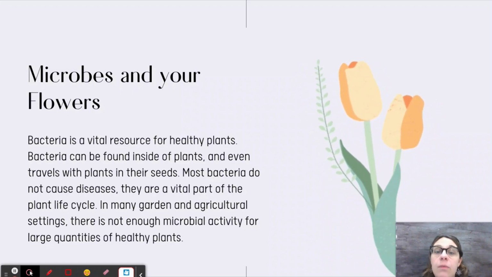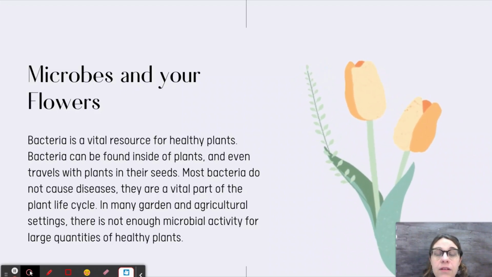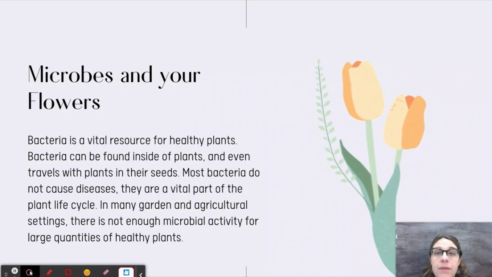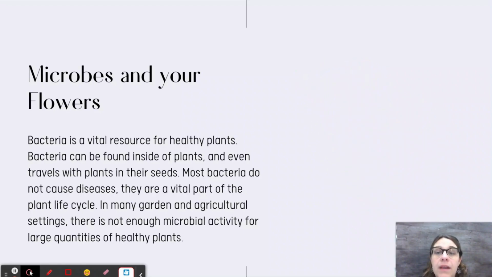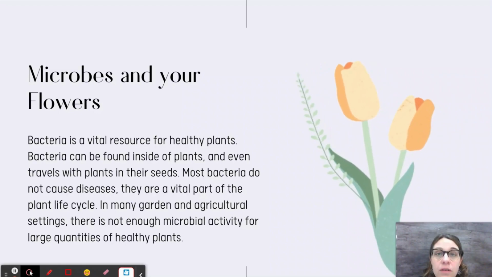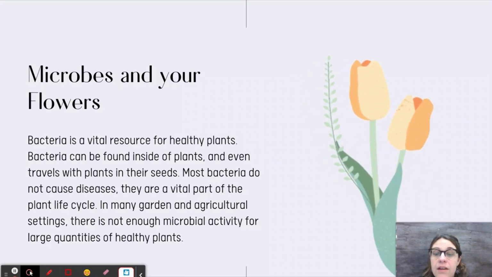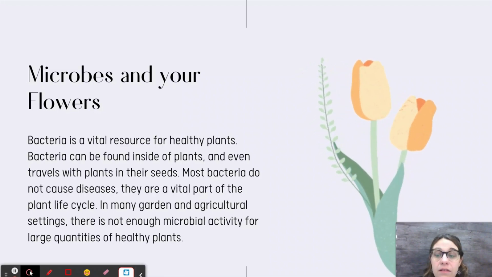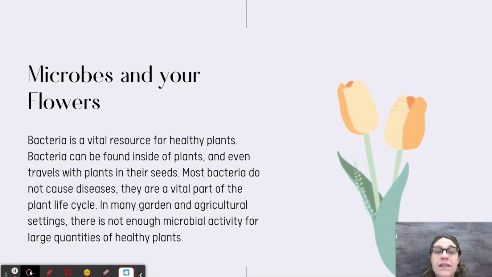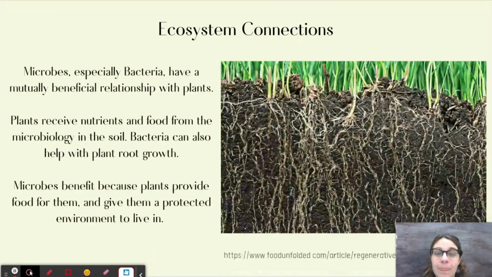They are a vital part of the plant life cycle. They help decompose dead plants. They help the new seedlings start life. Without the bacteria and other microbes, your plants are going to struggle. And a lot of times, there's not enough microbial activity to have as healthy plants as we could.